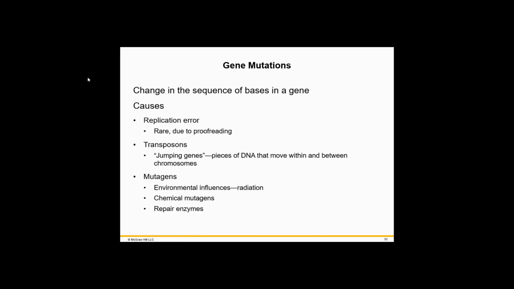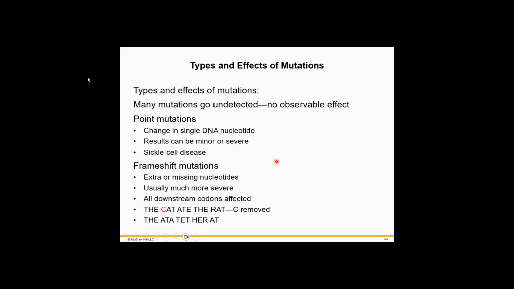Gene mutations are basically a change in the sequence of bases in a gene. When there is a mutation, most of them have no observable effects, because many mutations go undetected. There are different types of mutations and ways they occur. They can be point mutations or frameshifts, which we'll get into a little later in the next chapter.